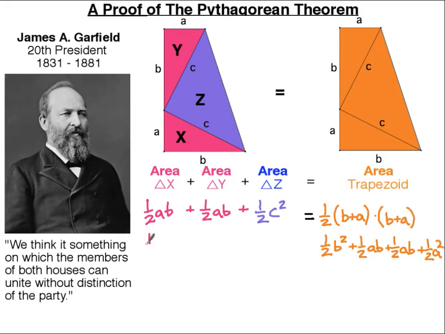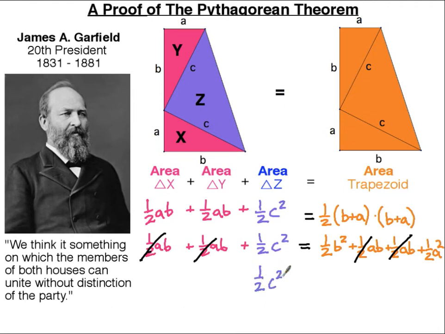We know that this is equal to 1/2 AB plus 1/2 AB plus 1/2 C squared. And again, we know that these two areas are equal. Now what we can notice at this point is that we have 1/2 AB's on both sides. We have a 1/2 AB here, a 1/2 AB here, so we can cancel them, and there's two other 1/2 AB's. When we reduce, what we're beginning to get is the Pythagorean theorem as we know it.